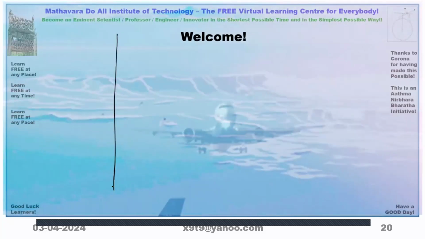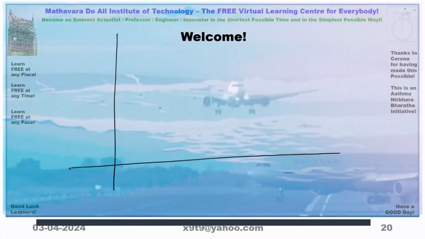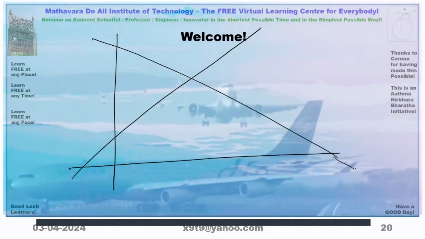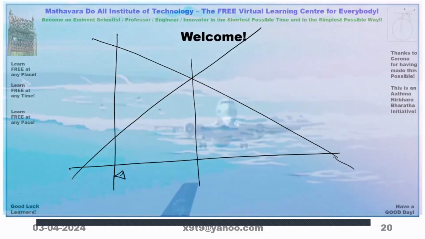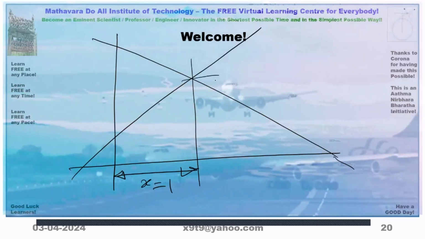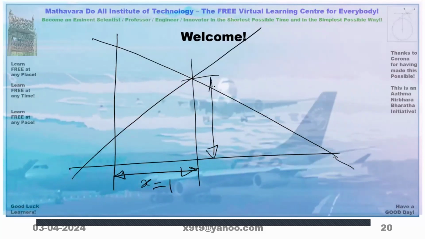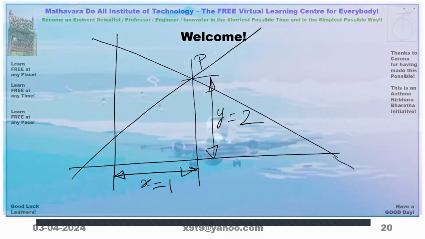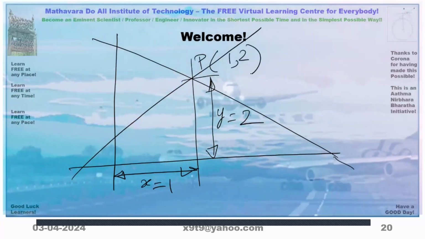So that means if one graph goes like that, another comes like this. The point of intersection we are finding: x is equal to 1 on this side, y is equal to 2. So this point P will be 1 comma 2.